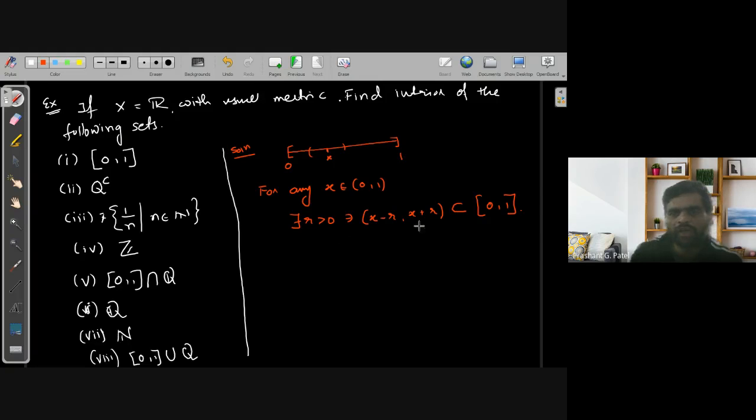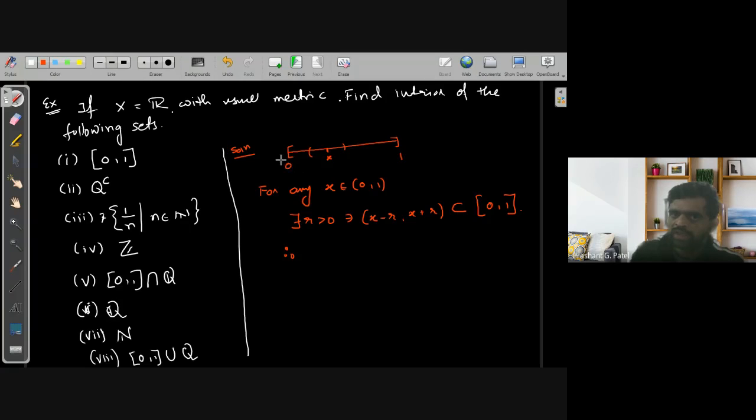So for any x we have this situation. Therefore all the points in open interval 0, 1 are interior points. Now only 2 points are left to check: one of them is 0, another one is 1.